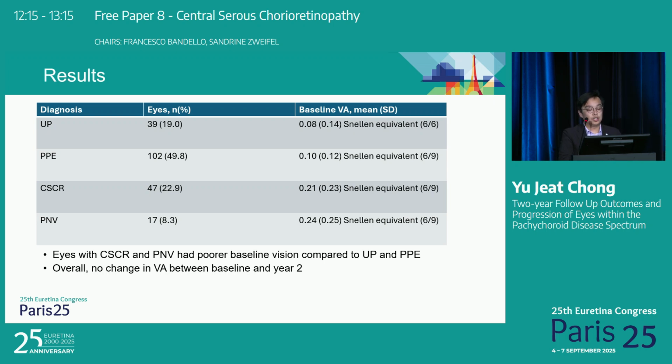For patients with PNV, which is only about 8.3% of them, the Snellen equivalent was 6.9 as well. Eyes with CSCR, as we would expect, and PNV had poorer baseline vision compared to eyes with uncomplicated pachychoroid and PPE. And overall, reassuringly, at 2 years, there was no change in visual acuity for this cohort of patients between baseline and year 2.